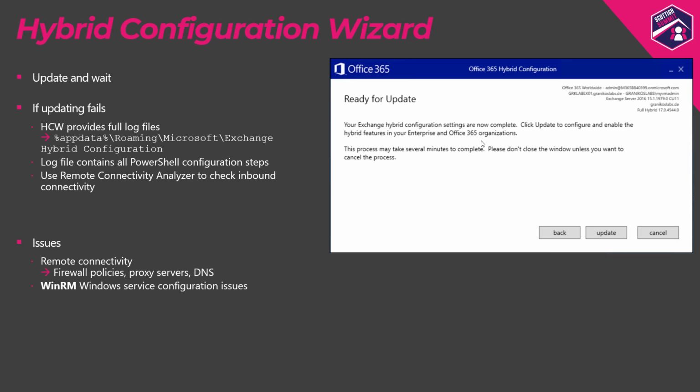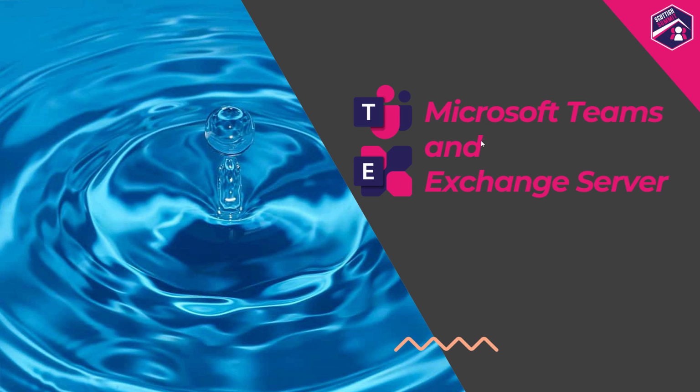Mostly the issues are related to remote connectivity, so firewall policies, any sort of proxy servers, DNS name resolution issues, and any manual configuration to the WinRM Windows service. This is mostly 99% of the issues you might face when running the hybrid configuration wizard.